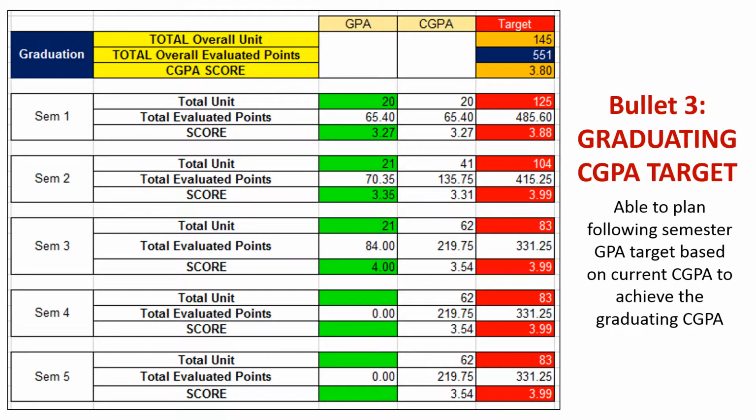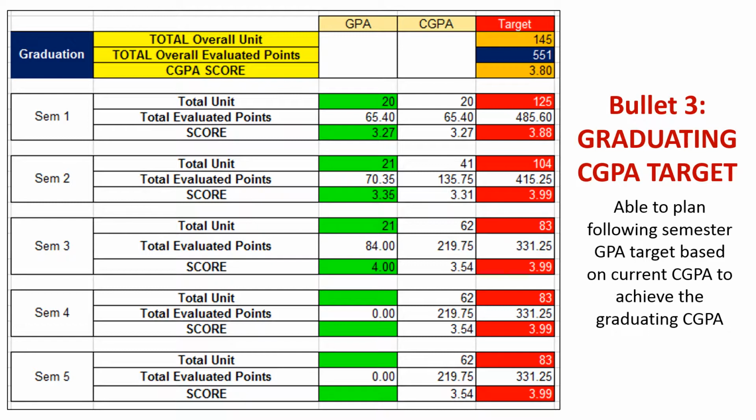So you put 20 for sem 1, then you put the actual score, 3.27, and then the total evaluated points will come out as 65 ringgit and 40 cents, meaning that for 20 apples the student managed to sell, he's selling at only 3 ringgit 27 for each apple, and he managed to accumulate 65 ringgit 40 cents. So as a businessman, how much money do you have to obtain?